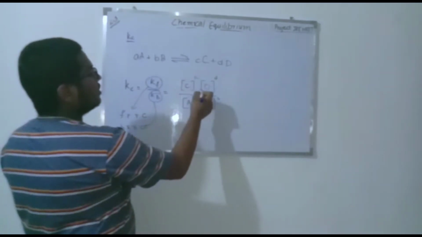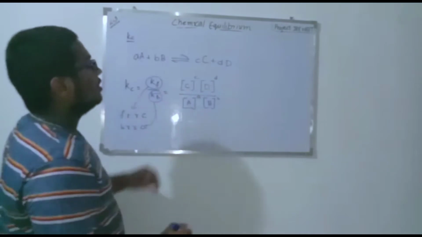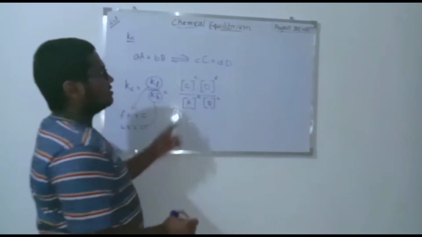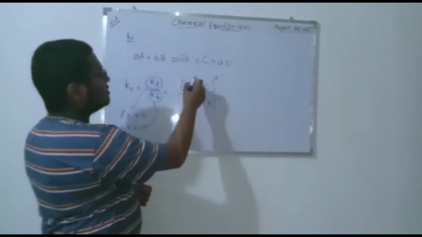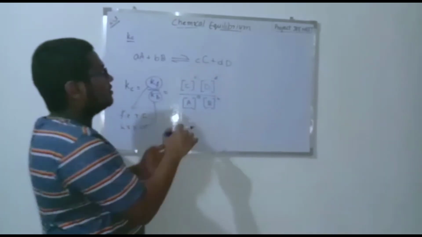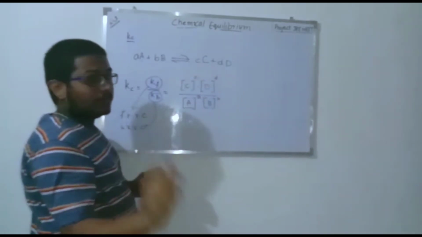So what are these square brackets and all? Here capital C is the product and small c is the coefficient of that particular product.